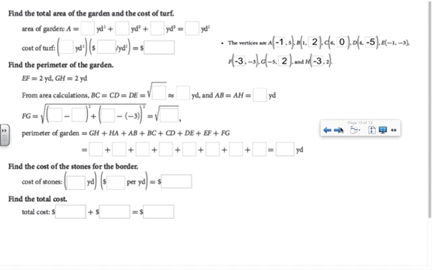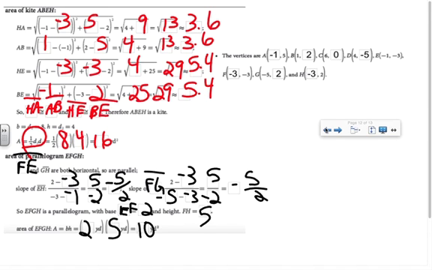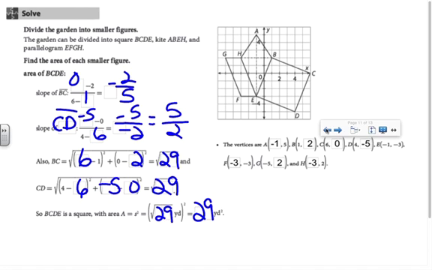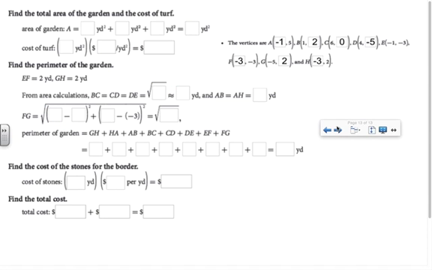So the total area of the garden is, where were those values? 16, 10, and 29. And when we add that all up, we've got 55 square yards.